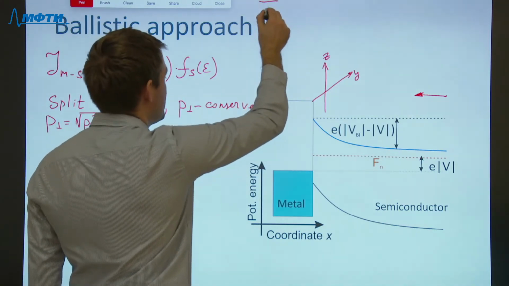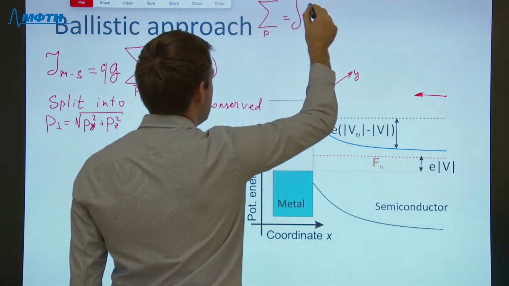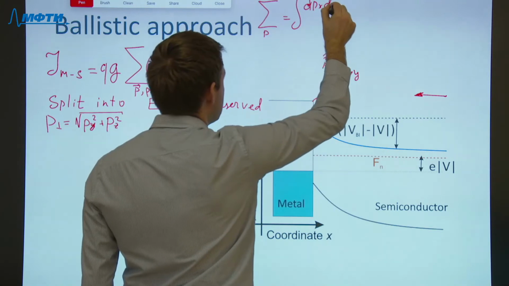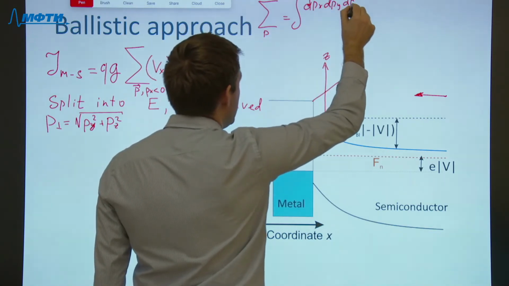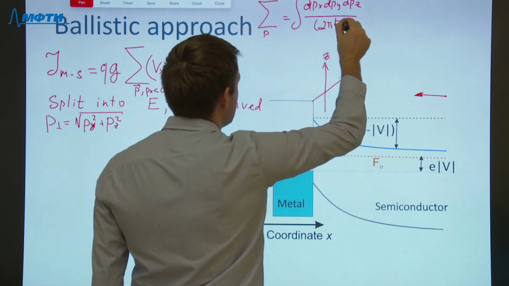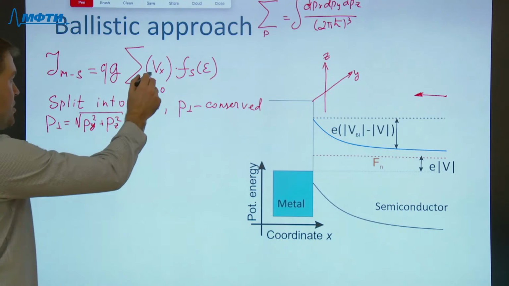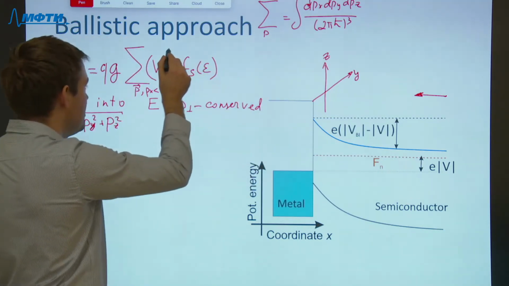How is it most convenient to pass to the conserved variables? First of all, you recall that summation over momenta is identical to the integration over px, py, pz divided by 2 pi h-bar cubed in three-dimensional situations, and you also need to multiply it by velocity.